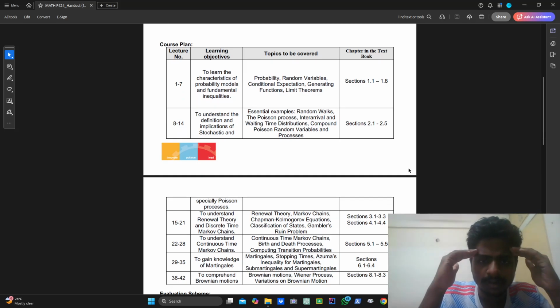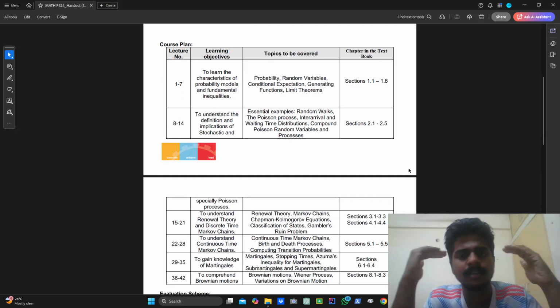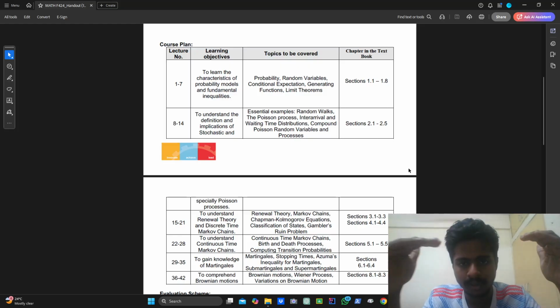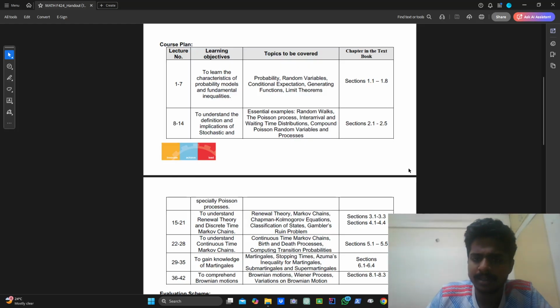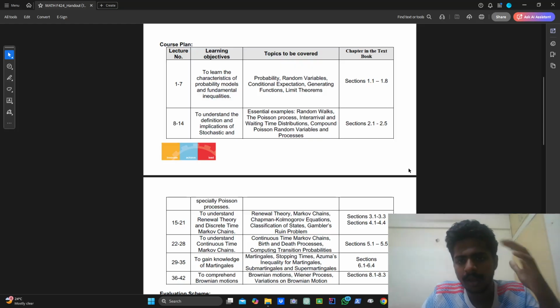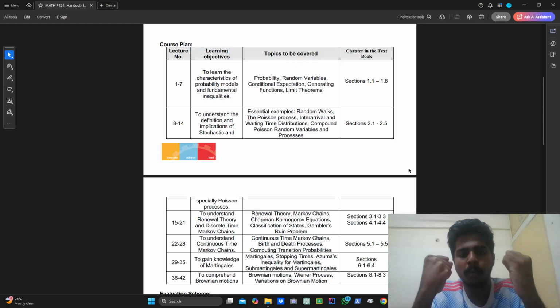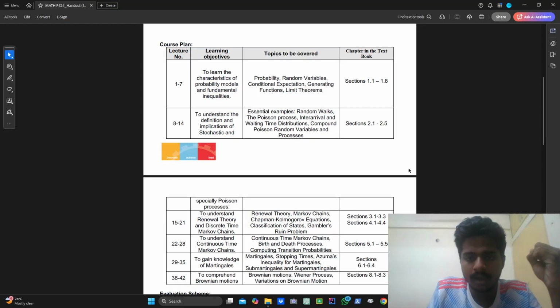And then after we have got these basics, next we can move on to some other stochastic processes, like we'll discuss what a Poisson process is.